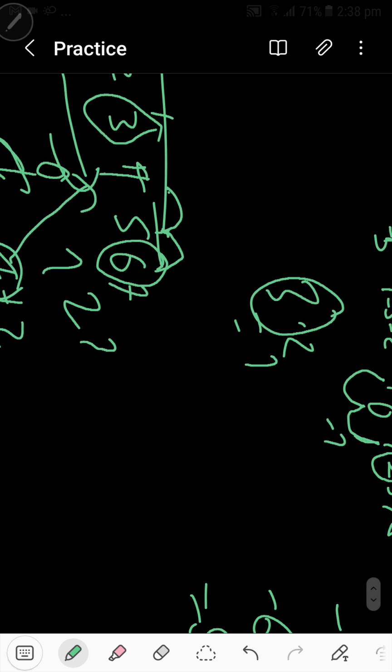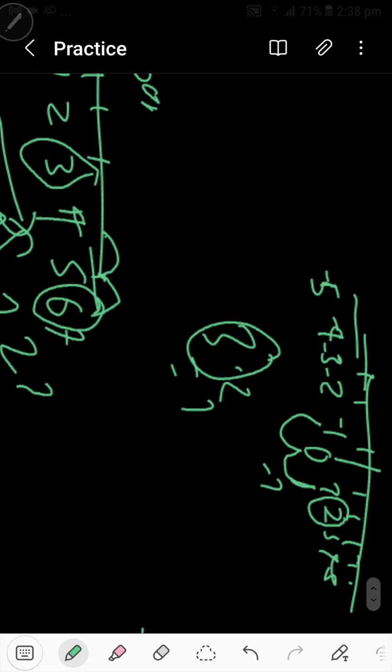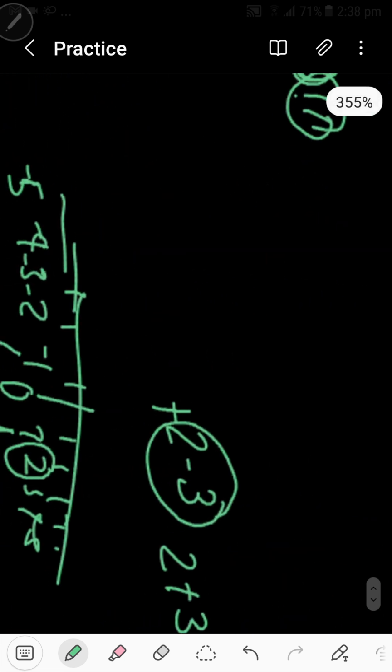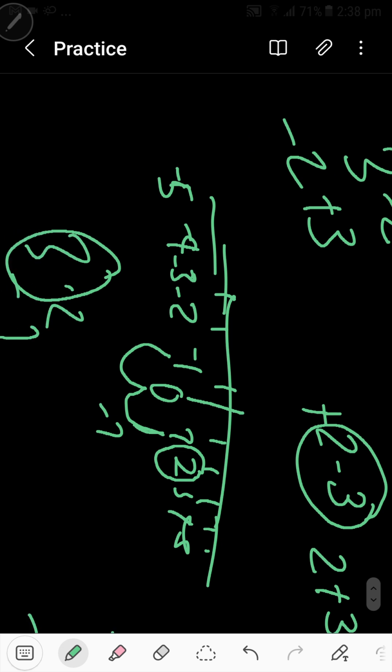Let's do these two possible scenarios, the simple one, 3 minus 2, and 2 minus 3. They will prove why we need to keep the sign of the bigger number. So first of all, let's do 3 minus 2.